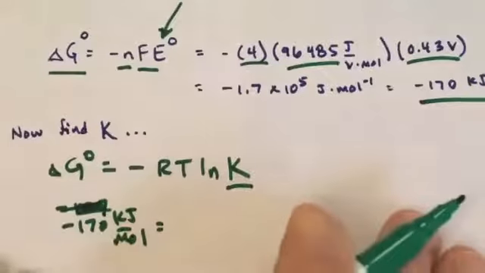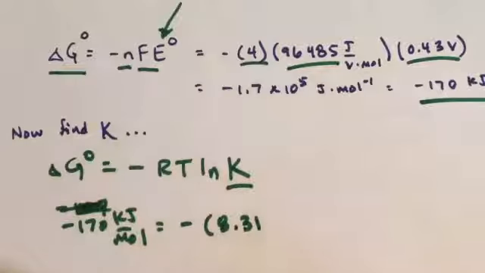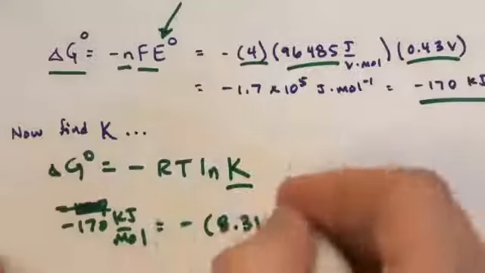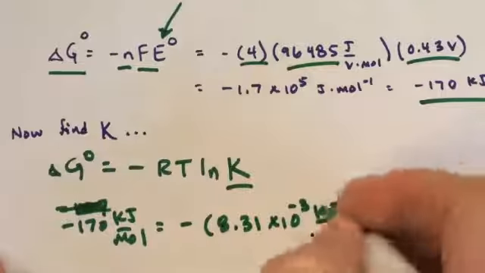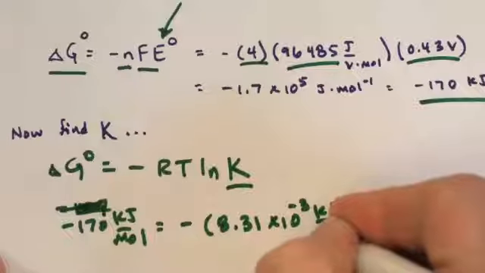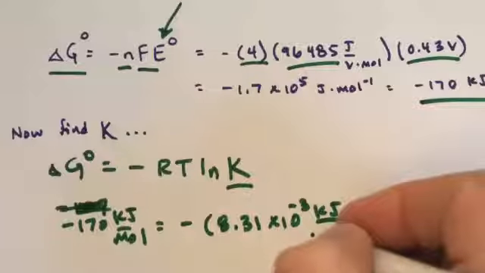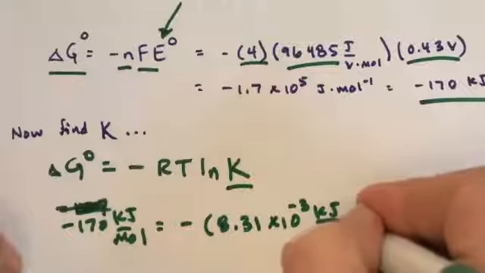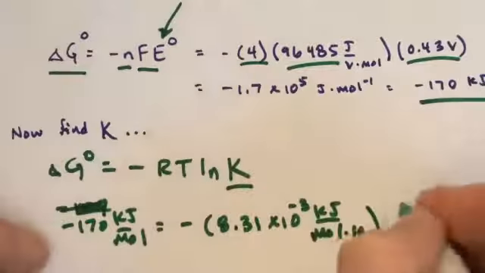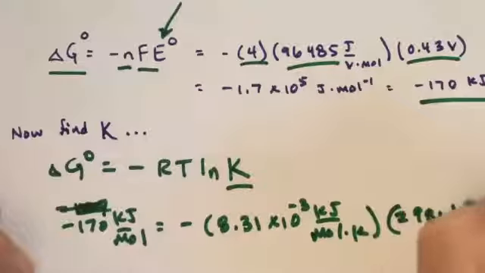And then it's equal to negative R, which is 8.31 joules per mole Kelvin, but since this is in kilojoules, we're going to put this in kilojoules as well. Kilojoules per mole times Kelvin. That's the units. And then T is the temperature, which is 298 Kelvin, because we're at standard temperature. And then this is ln of K right here, our natural log of K.